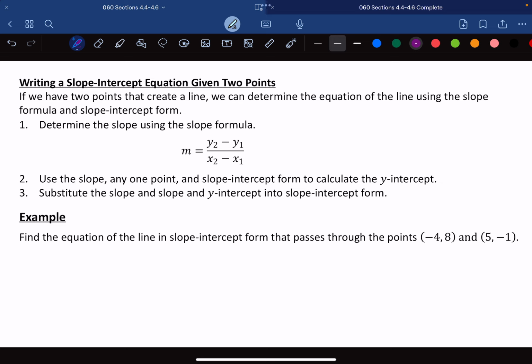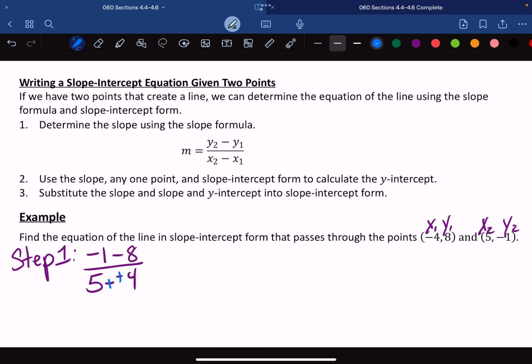So let's start with step 1, which is finding slope. We have 2 points. I'll just, as always, call the first (x1, y1), second (x2, y2), and use my equation right here. So -1 minus 8, over 5 minus -4.